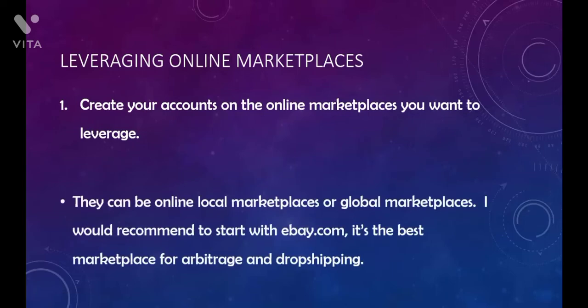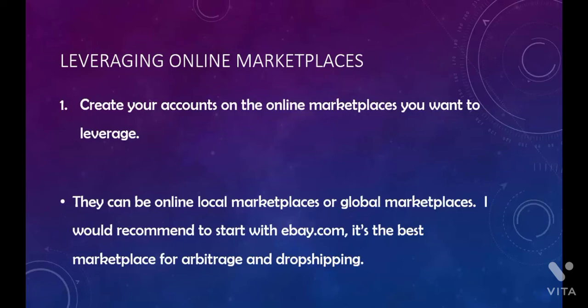There can be online marketplaces that are local marketplaces, for example, in your country where you live, or there can be global marketplaces like Amazon or eBay or AliExpress and so on. I would recommend you to start with ebay.com, because it's the best marketplace for arbitrage and dropshipping at a global level right now, okay?